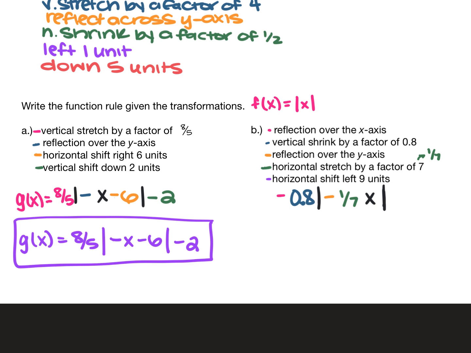So if we're going to the left 9 units, that means we're just going plus 9 inside those absolute value bars. So if we name this, let's name it h of x because we named the other one g of x. We're going to have h of x is equal to the opposite of 0.8 times the absolute value of the opposite of 1/7 x plus 9.